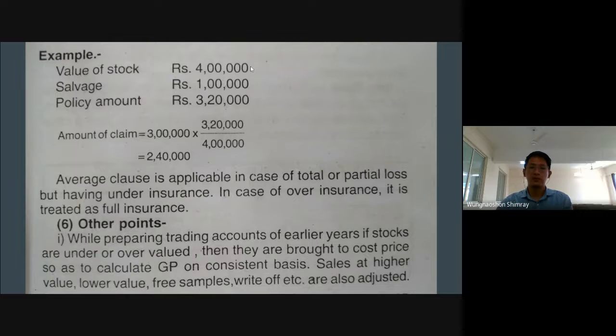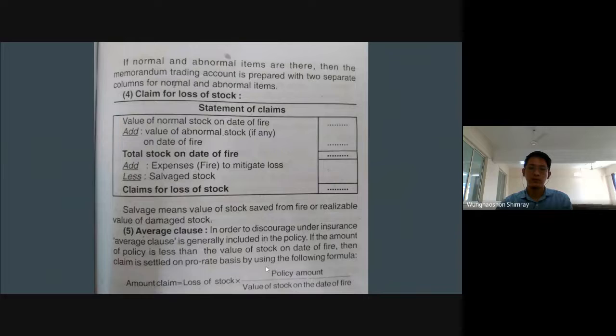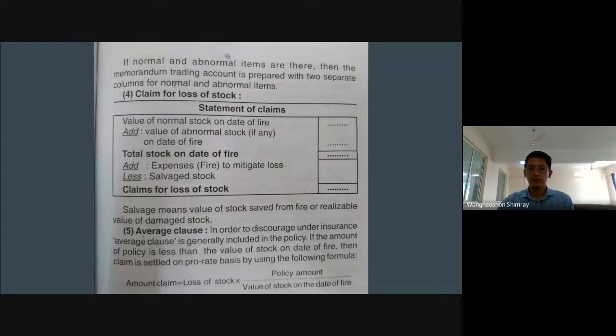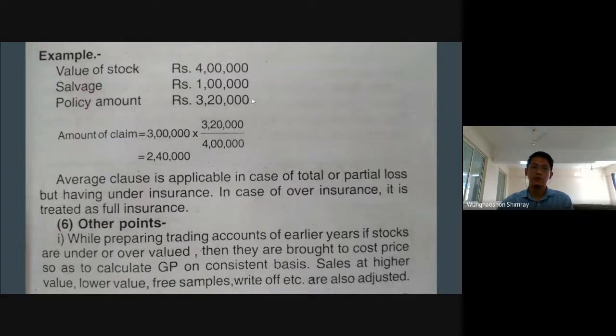Because the value of stock is 4 lakhs and the salvage value is 1 lakh, and so when you subtract that, you get 3 lakhs. That's the value of stock less the salvage value. Then next we have policy amount. Policy amount given here, 3,20,000. Then value of stock on the date of fire, which is 4 lakhs. So when you calculate this, you get 2,40,000.